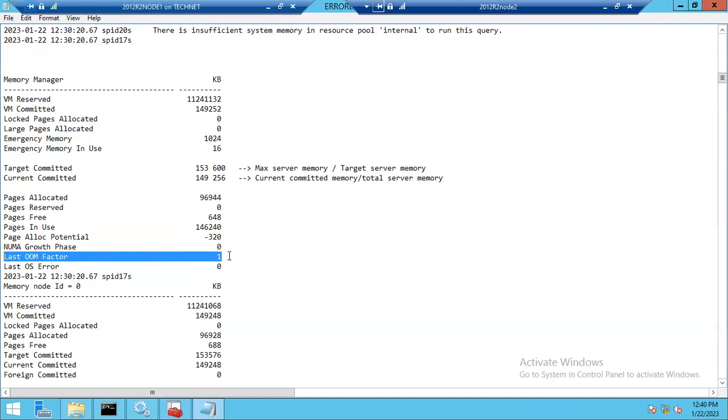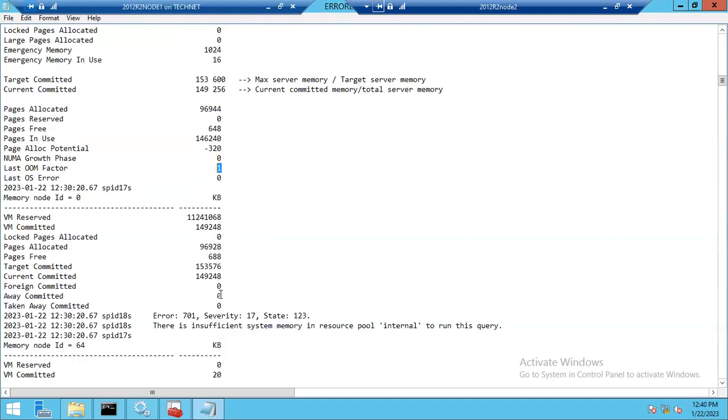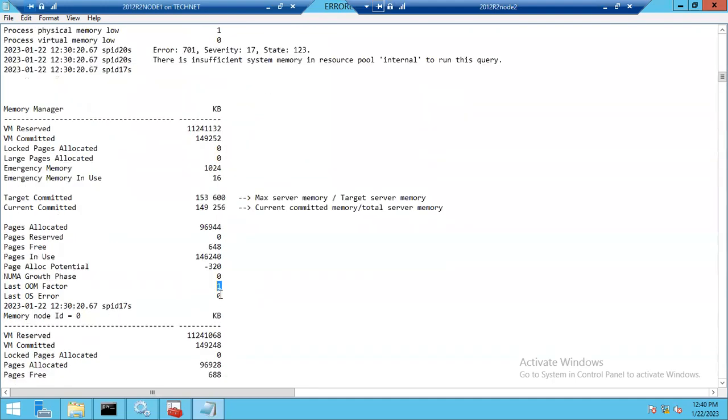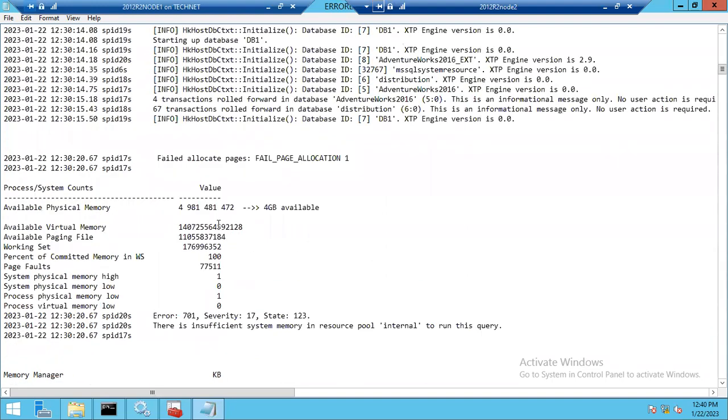I don't need to verify anything because I see that the target committed is the issue here: only 153 MB is utilized by SQL Server, though we have around 4 GB of RAM available on the physical machine. So how to fix it?